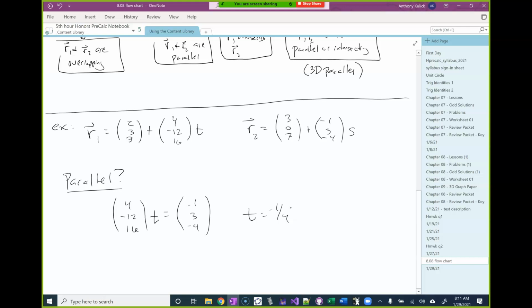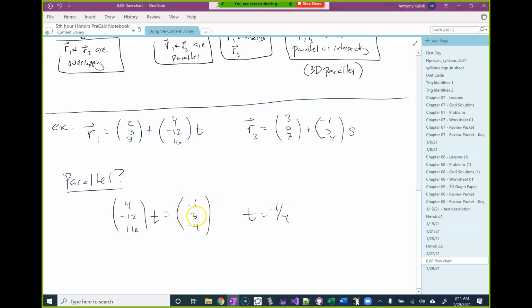You guys see that? You could write that out and do the solving and show that they all give the same solution for t. Or you can note whatever this value for t is that makes that true and move on. But 4 times negative 1/4 is negative 1.